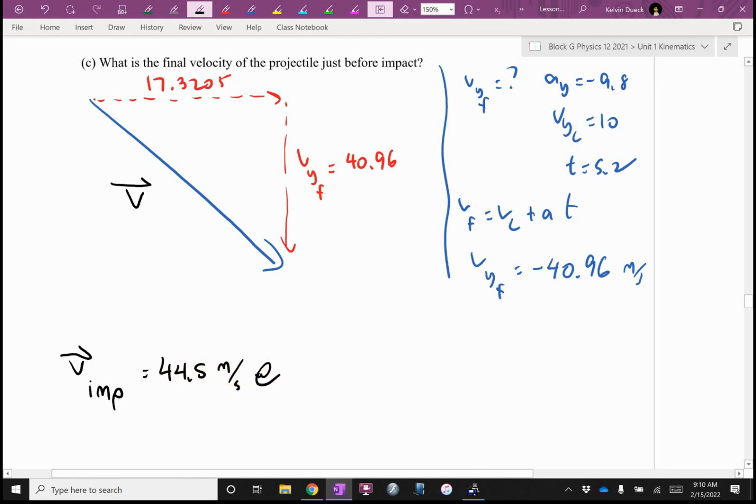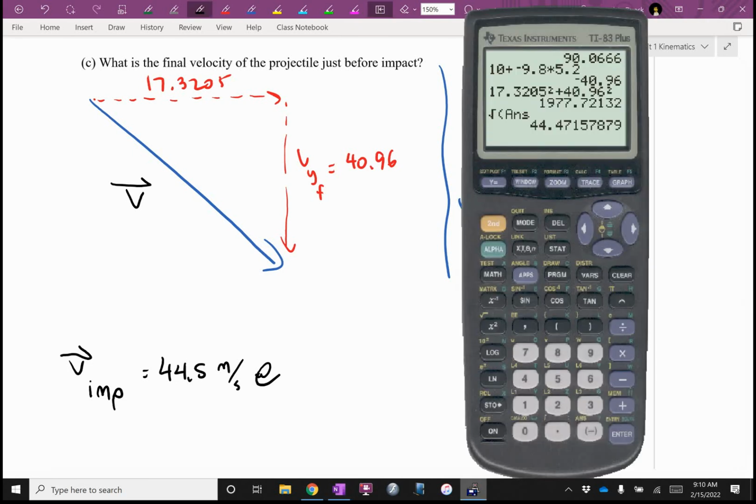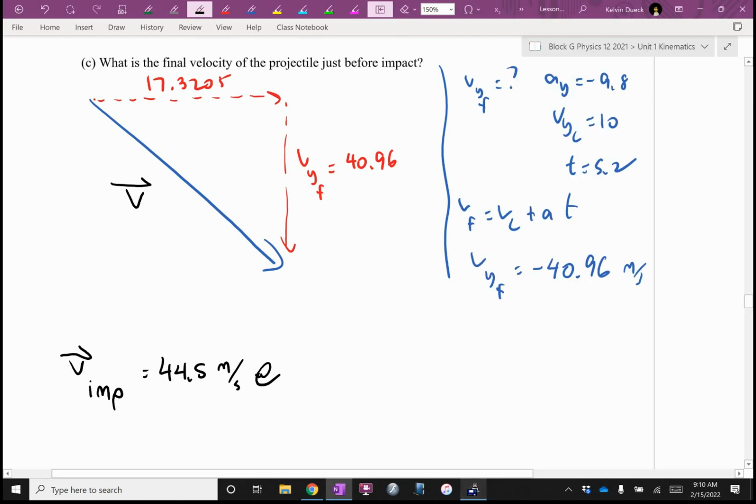Where's theta going to go? Top left, theta right here. Opposite, adjacent. Hey, it's going to be tan again. And this is why I said to you at the very beginning of this, it's usually tangent when you're finding theta.